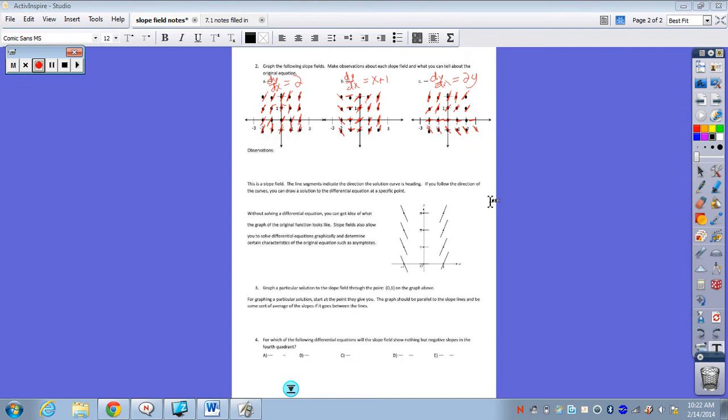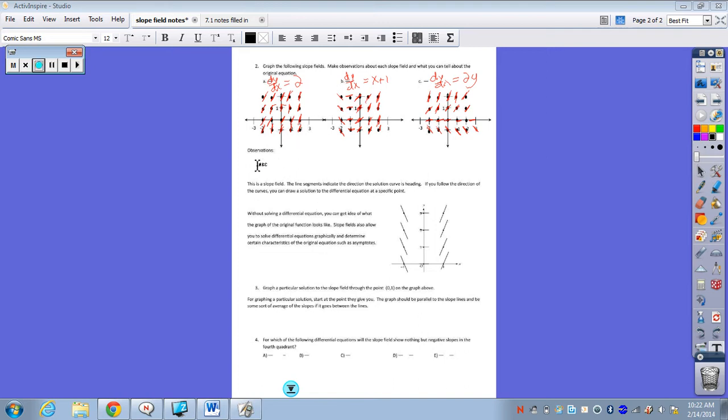Okay, so if you drew your 3 slope fields, the first one, dy/dx is 2, all the slopes should be the same and they should be all parallel with a positive slope of 2. So they're going up, left to right, because it's a positive direction. They should all be the same. So I did my best, but it's kind of hard to do on here.